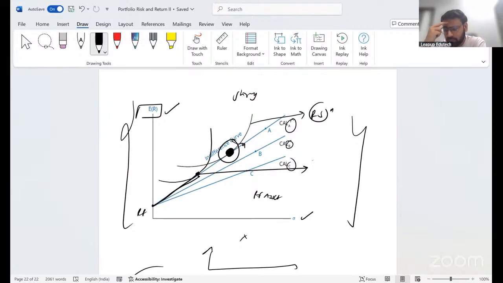Okay, sir, same optimal portfolio. What does that mean? Everyone will have the same CALs. Okay, sir, why will everyone have the same CALs? Because our portfolios are the same.